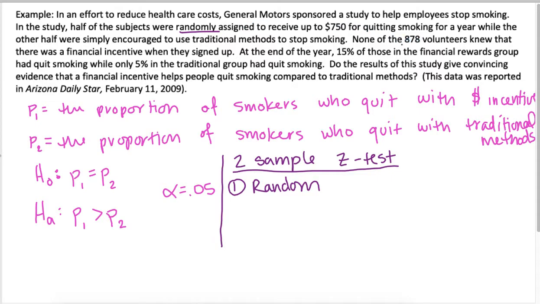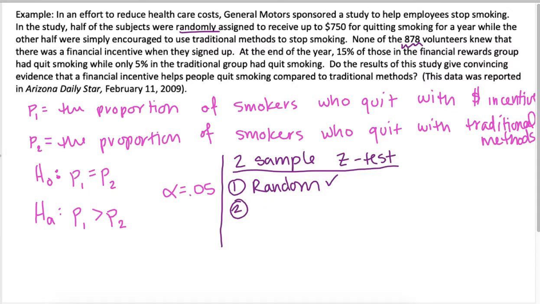So even though we have volunteers, we can't make people smoke. That's not something that we could just pick 878 people off the streets and say, okay, you're part of a smoking study. And it's like, whoa, whoa, whoa, I do not smoke. So I can't be part of that. They were volunteers, all similar in the fact that they were wanting to quit smoking. And so they randomly assigned the 2 treatments. And so in experimental design, that's our random condition.